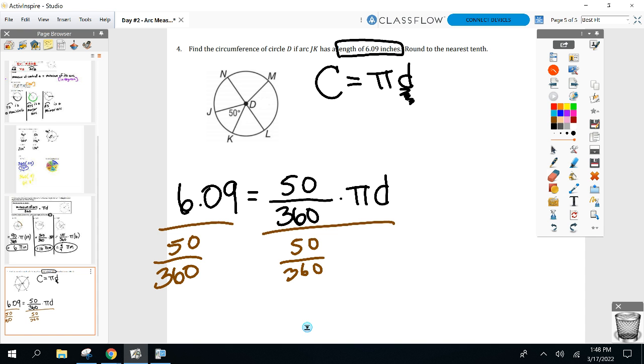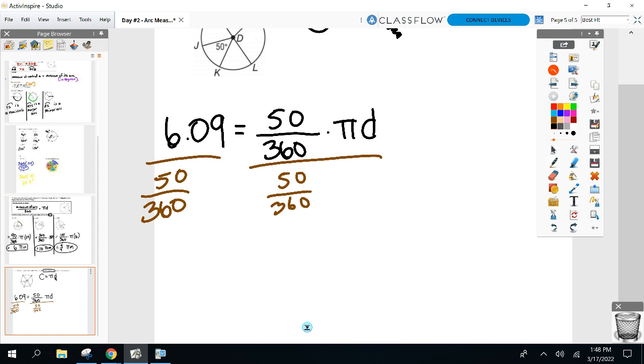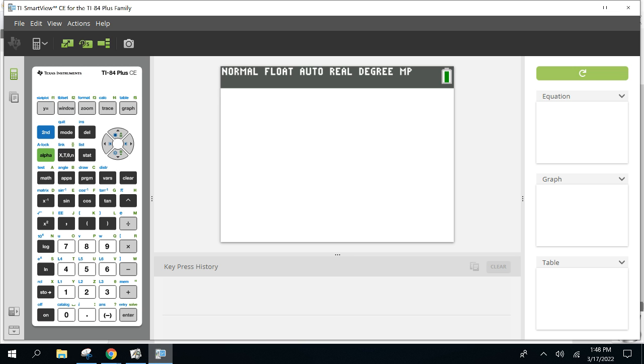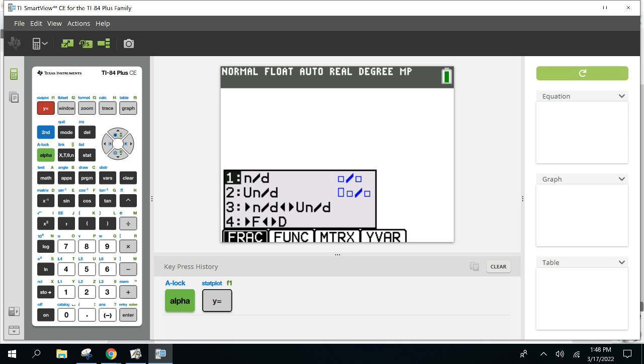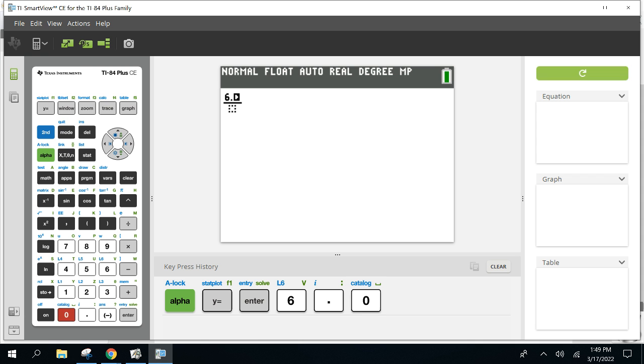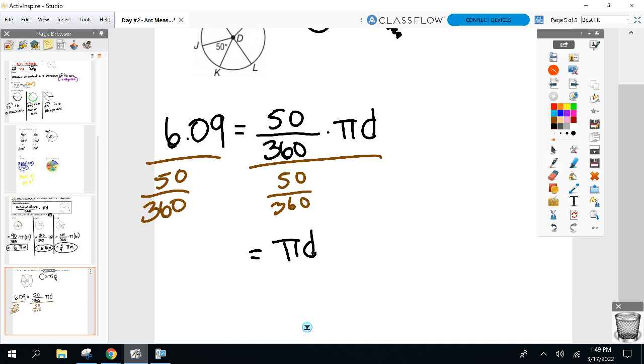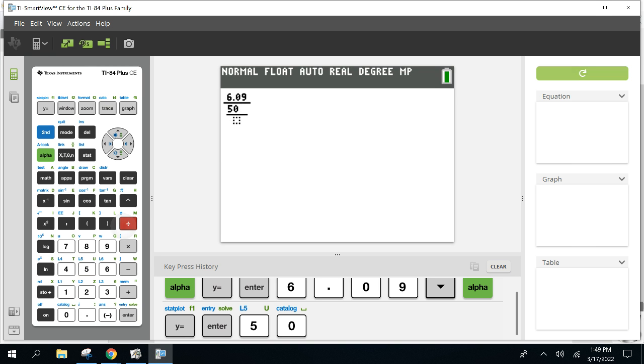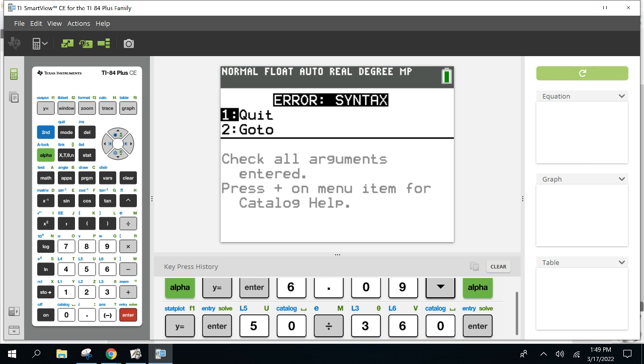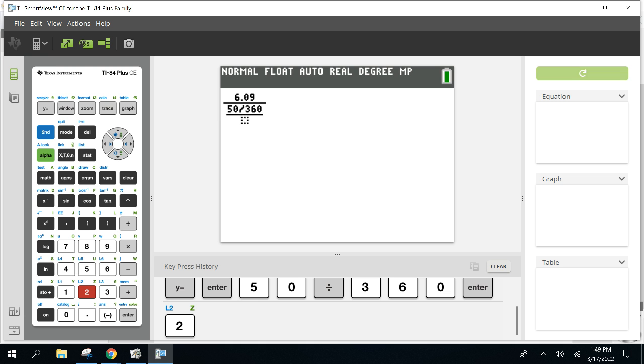All right, here we go. Pi d equals, I'll go to my calculator with you. 6.09 on top. You can still do another fraction template on the bottom and do 50 over 360.